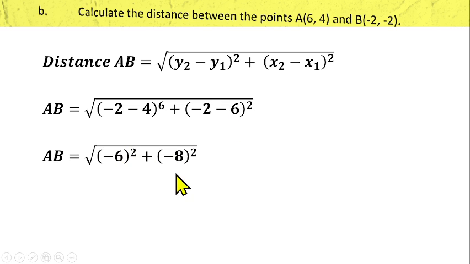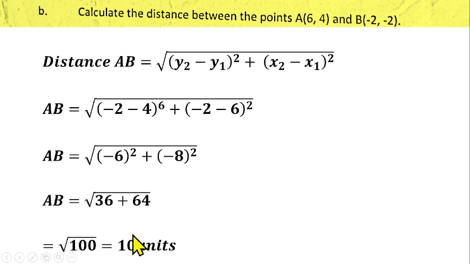Then minus 2 minus 6 will give us minus 8 squared. So from there, minus 6 squared is 36, minus 8 squared is 64. So if you add it together, that gives us the square root of 100, and then the square root of 100 is 10 units. That's the distance between point A and point B.